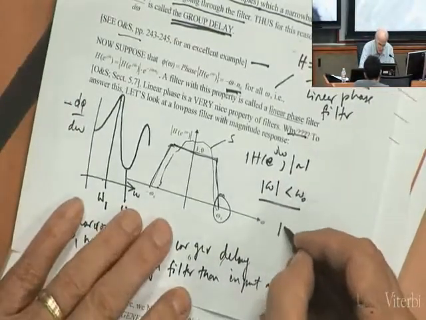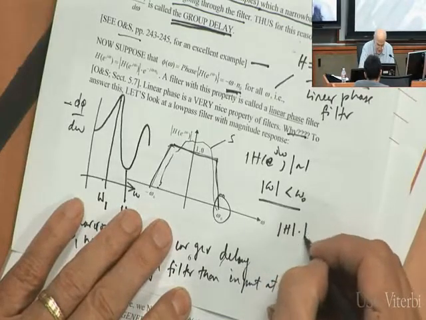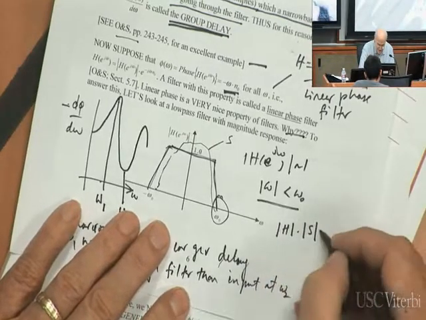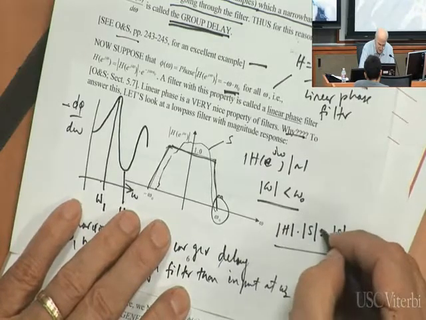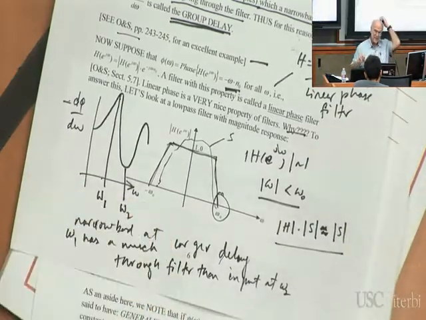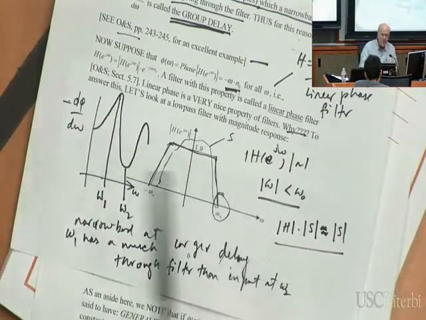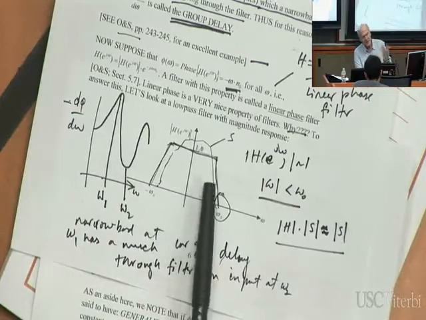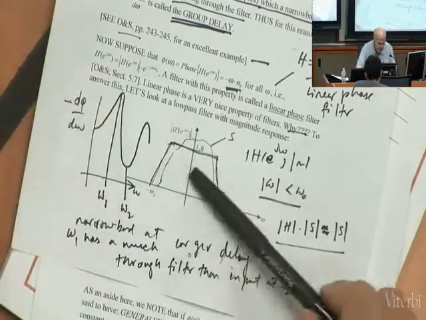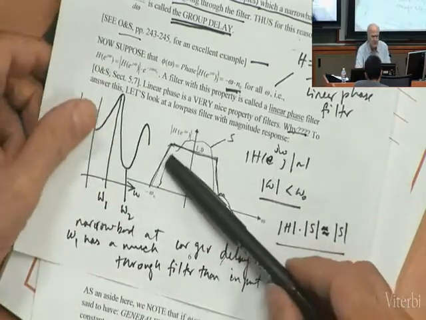In other words, the magnitude of H times the magnitude of S is approximately equal to the magnitude of S. So the filter in magnitude doesn't attenuate or accentuate the magnitude frequency response of S.